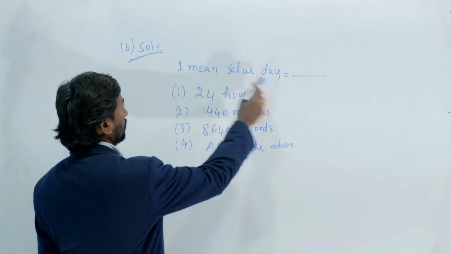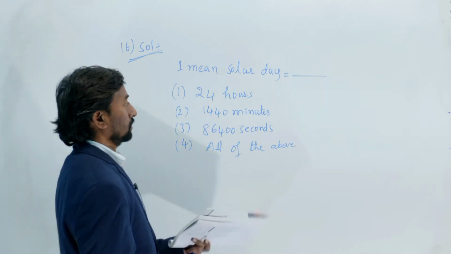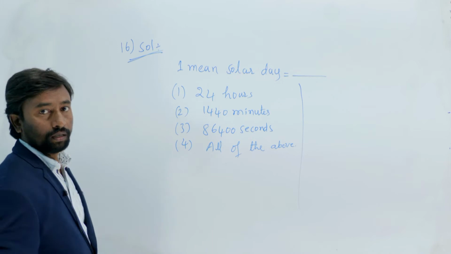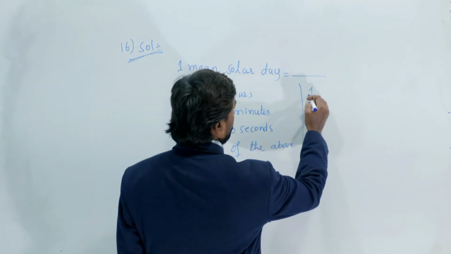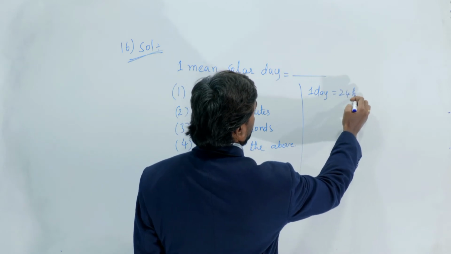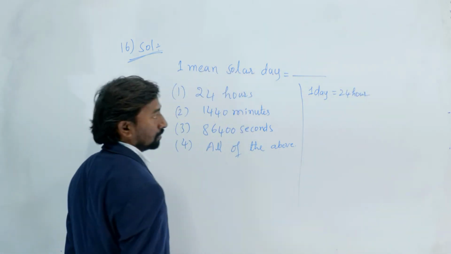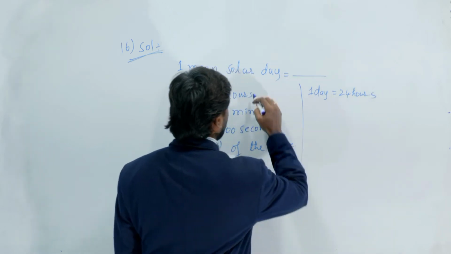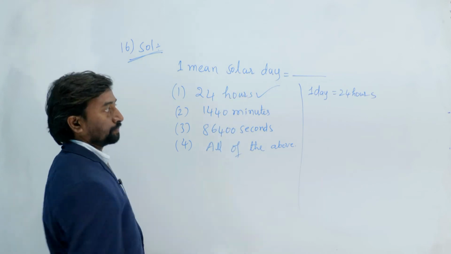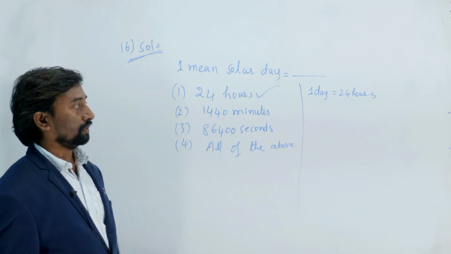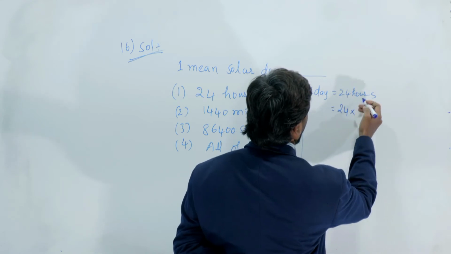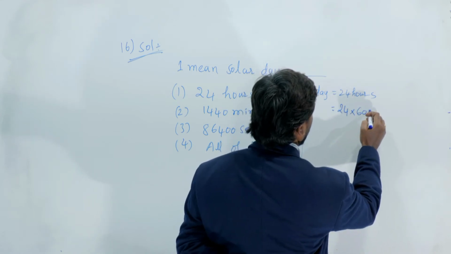So one mean solar day, one day, we know that. So here 1 day is equal to how much? 1 day, how many hours? It will be 24 hours, no? 1 day is equal to 24 hours. So this is right. One mean solar day is nothing but 1 day, so it will be 24 hours. Now this 24 hours, if it is converted, 24 into 1 hour, how many minutes? 60 minutes, no?